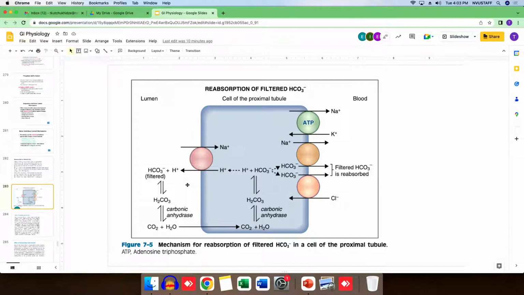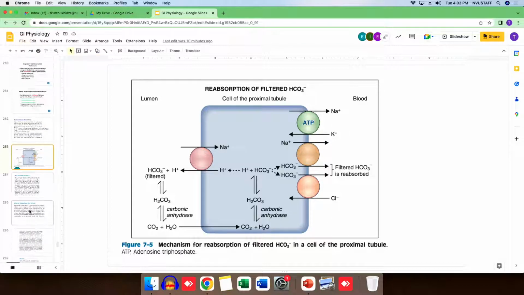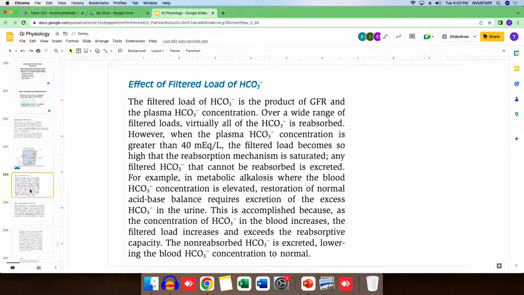If you remember, the bicarbonate in the blood will convert through the same kind of reaction in the blood, so thus we're having CO2. So we are increasing the partial pressure of the CO2, and vice versa will happen. If the partial pressure of CO2 rises, it means we are having more CO2. Okay, we're done with the proximal convoluted tubule and reabsorption of bicarbonate.